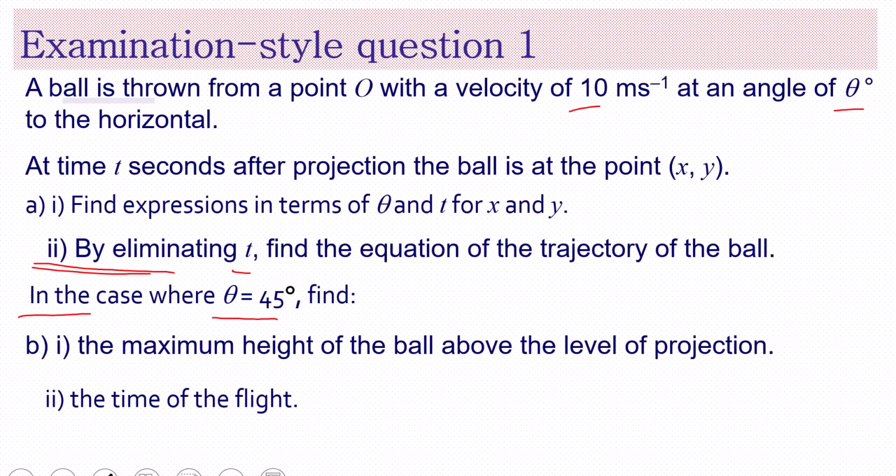So for part B, Roman 1, we are going to use v squared is equal to u squared plus 2as. Considering vertical motion, we know v at maximum height is 0 because they want us to find the maximum height of the ball above the level of projection.